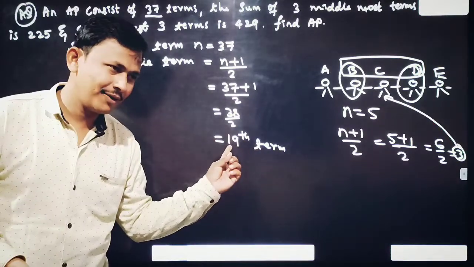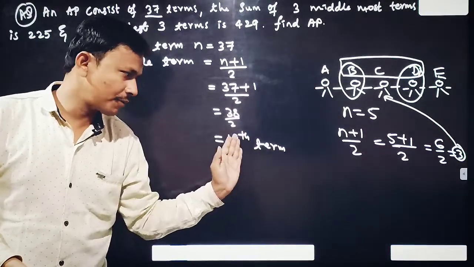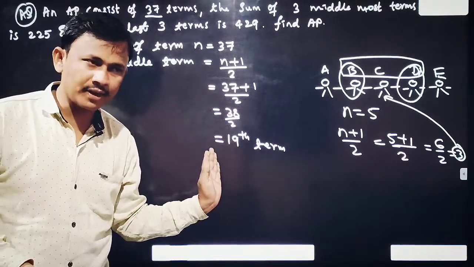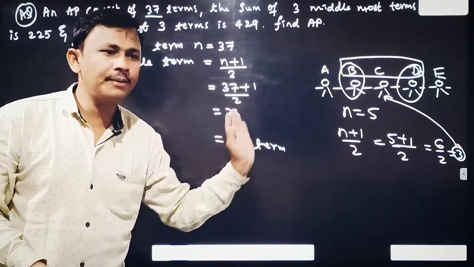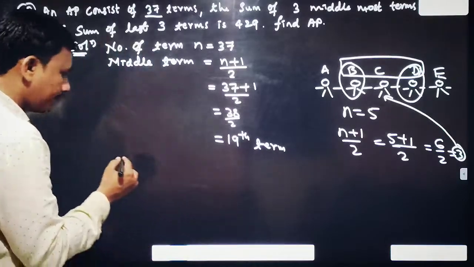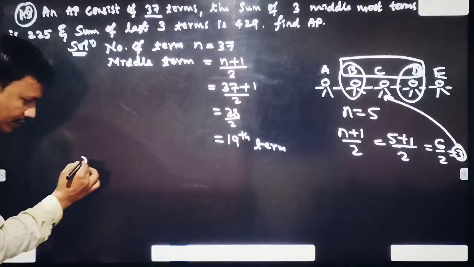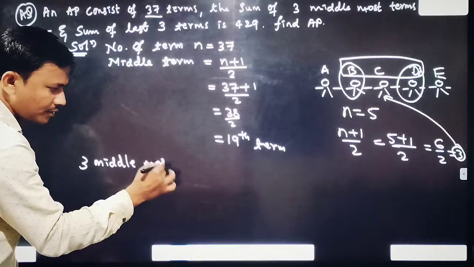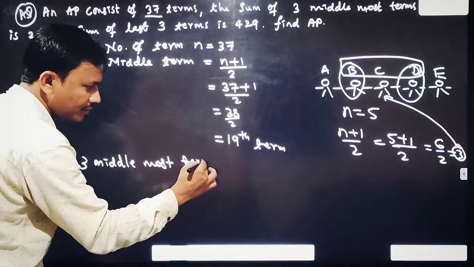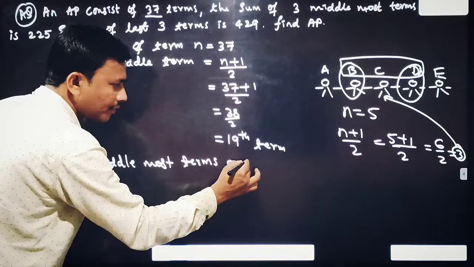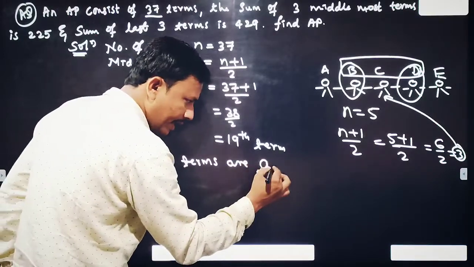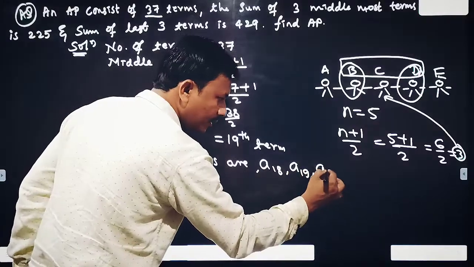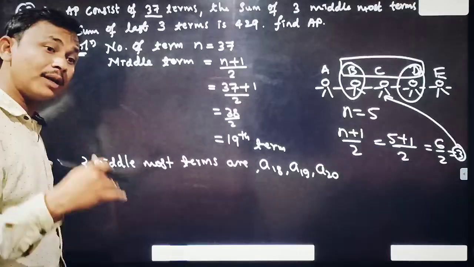Here we got C. We need to find B. For B, we do 19 minus 1. Then for D, 19 plus 1. Then the three middlemost terms are A18, A19, A20.